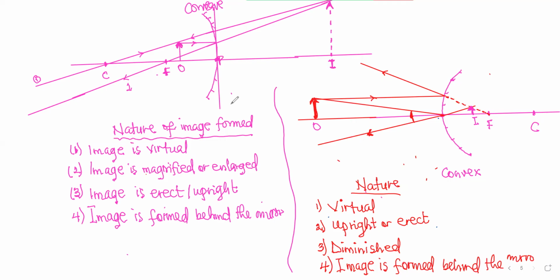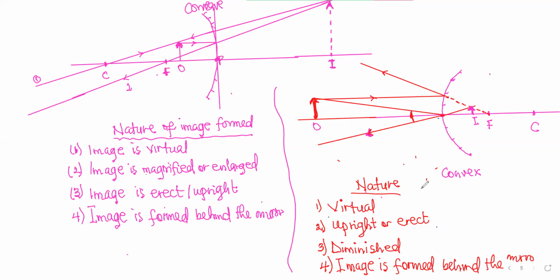Image will always be virtual, upright, diminished. Image is formed behind the mirror. Class, are you okay? Is that clear? So take note of this. No matter where you place the object, the same characteristics will be obtained.